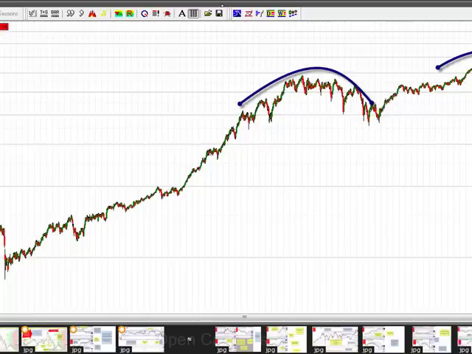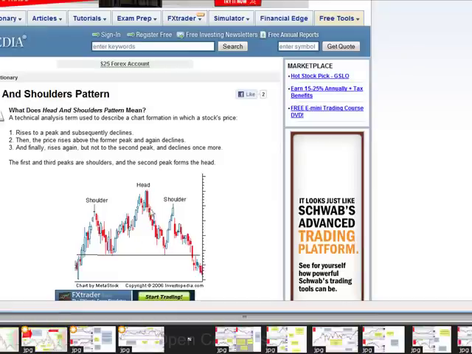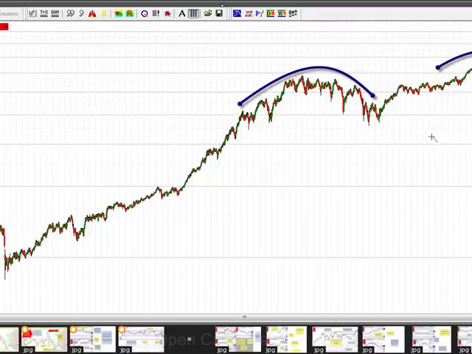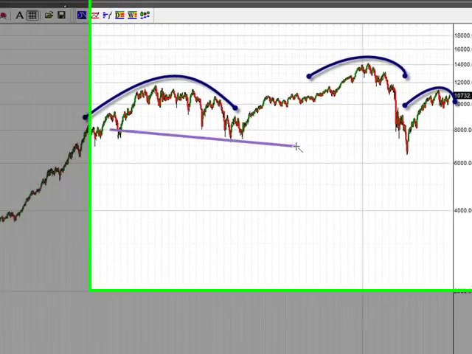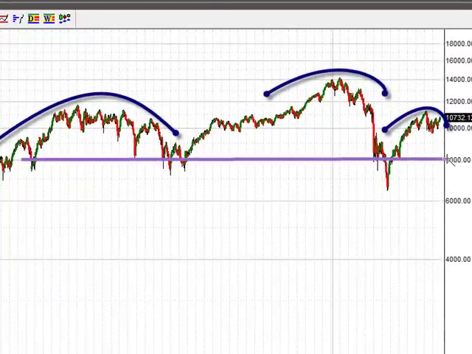We haven't started to drop back yet, so hopefully you can see how that matches up. Let's bring the other one up again. You can see how that's very close to what happened here. Our key level in this case was right around this 8,000 level.